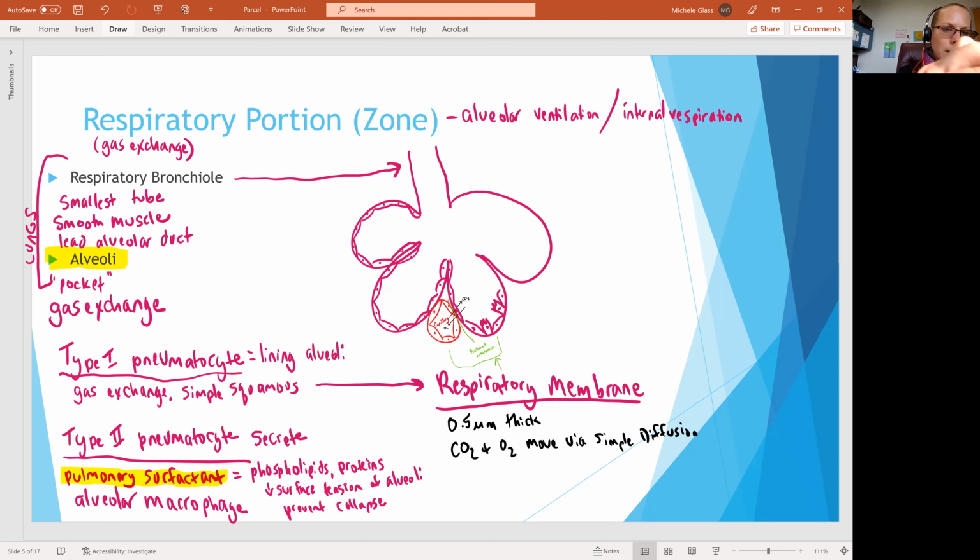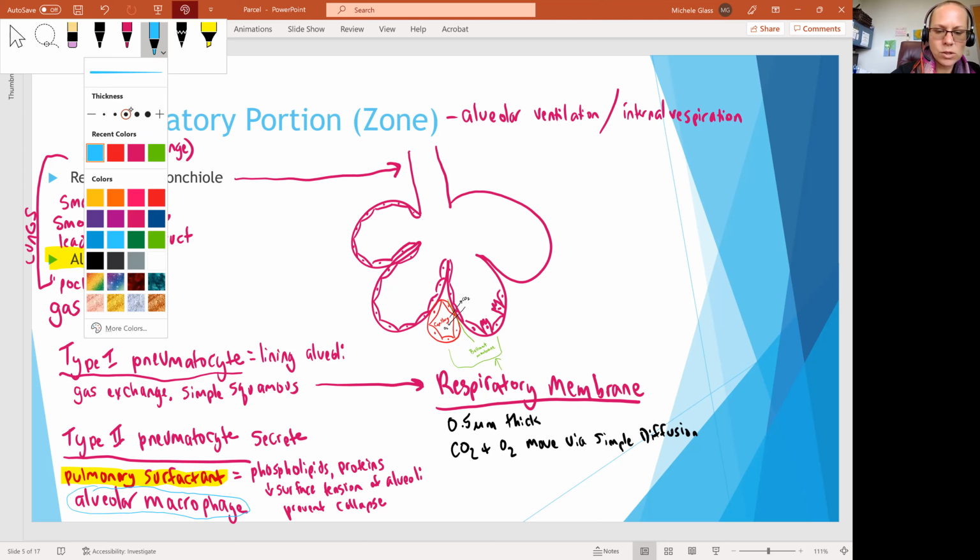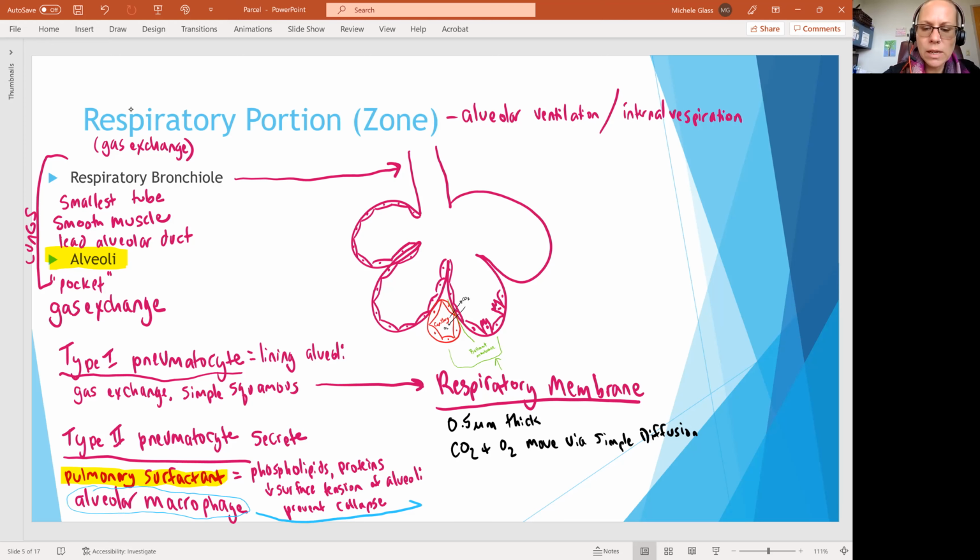The last cell type, and I'm going to grab a blue color because it's getting lost down here, is my alveolar macrophage. And we should be pretty well versed in the job of an alveolar macrophage. This is going to be to perform phagocytosis.